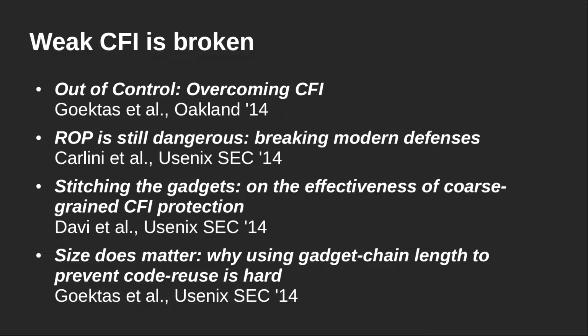And I'm not talking about some weak form of control flow integrity. Weak control flow integrity has been broken and is known to be broken. There's a whole bunch of papers that were published at different security conferences last year that show that weak forms of control flow integrity are broken.